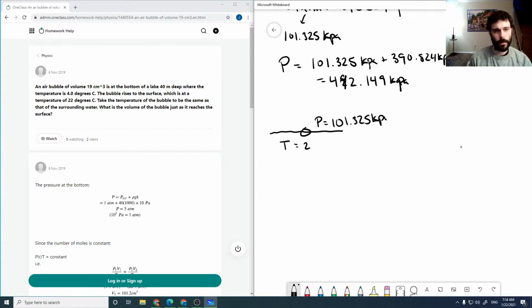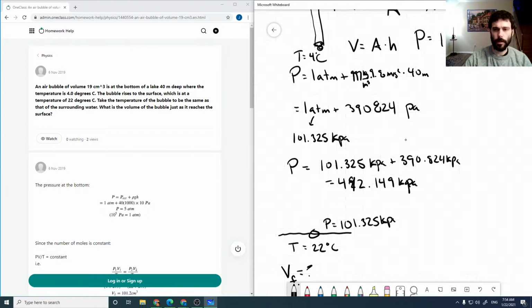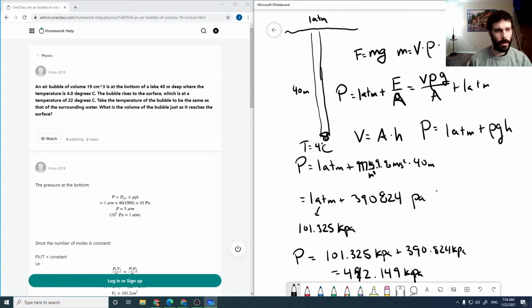Our temperature is now 22 degrees Celsius. And so it asks what is our volume in this case. We are given in the question that our volume initially is 19 centimeters cubed. Okay.